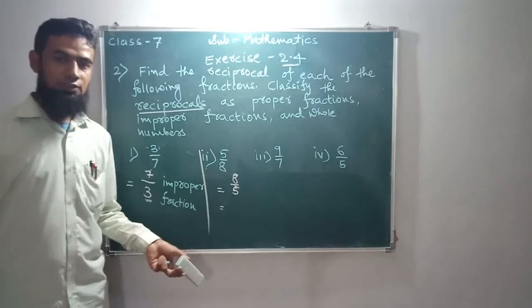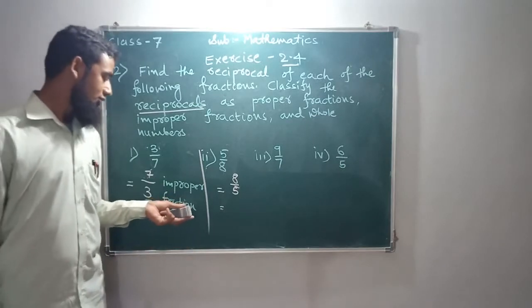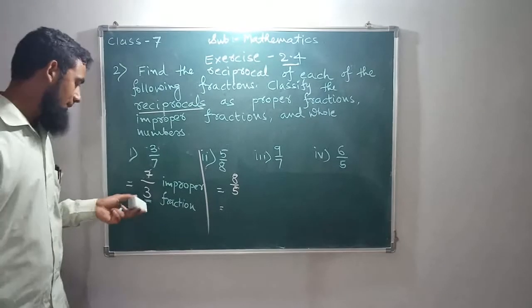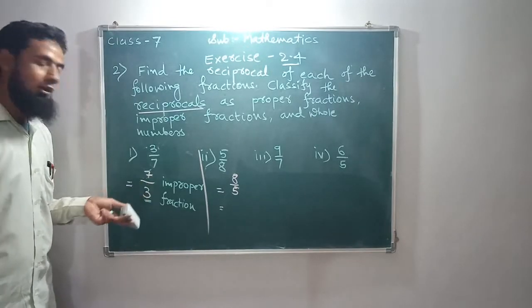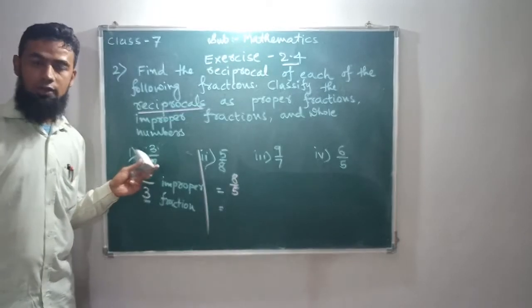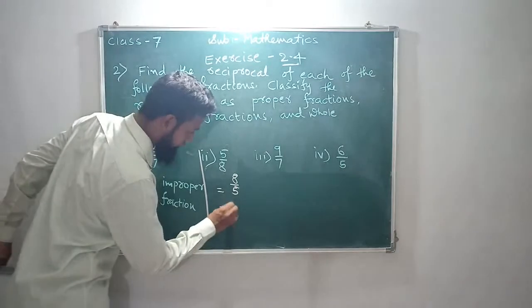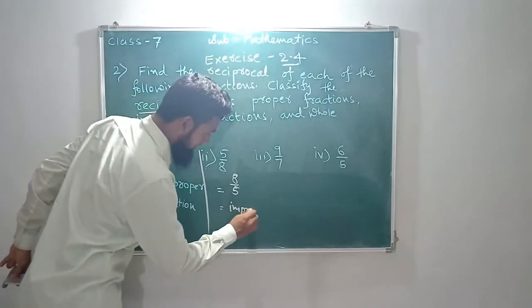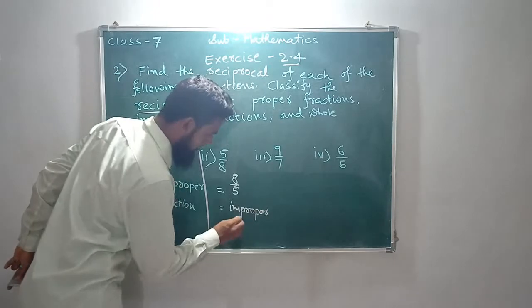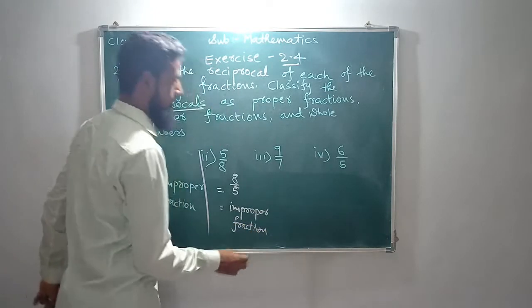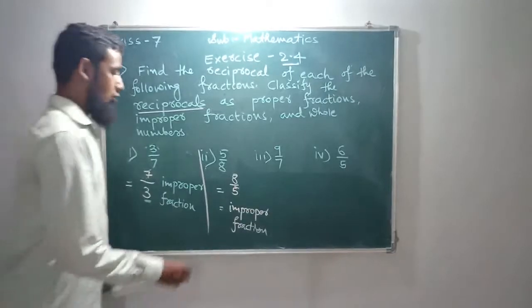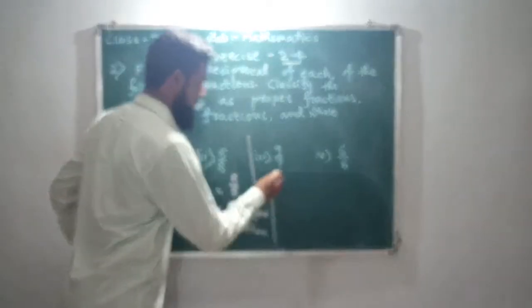What is the definition of an improper fraction? In an improper fraction, the value of the denominator is smaller than the numerator. So it is also an improper fraction.